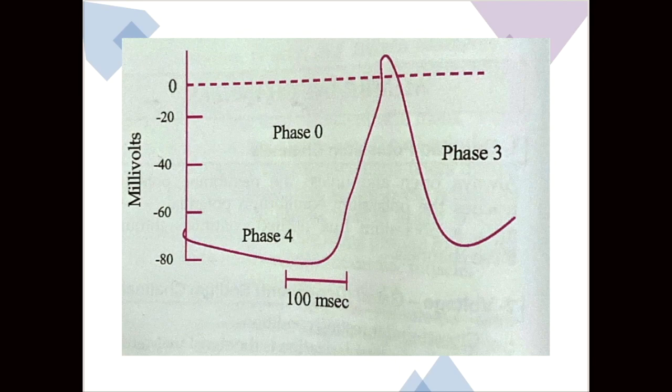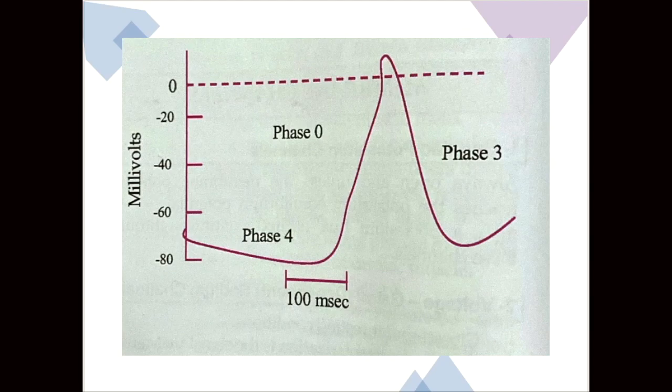And this pacemaker action potential occurs in the SA and AV nodes. The key differences from the ventricular action potentials include phase 0, phase 2 and phase 4. So what happens in the pacemaker action potential? Phase 0 is again the upstroke, where there is opening of voltage gated calcium channels.